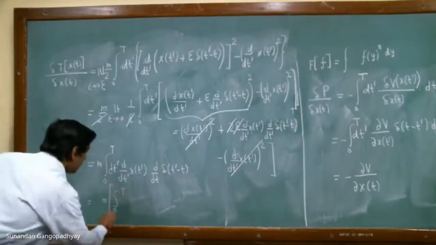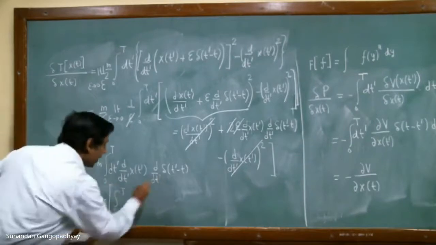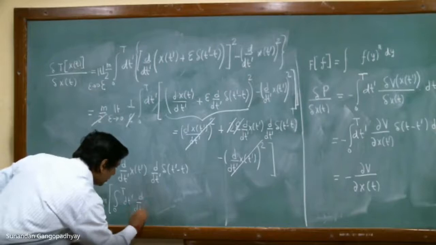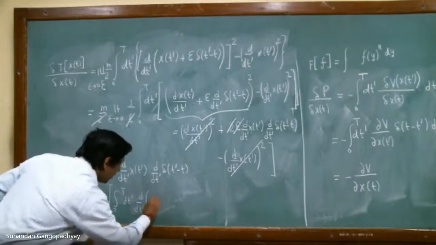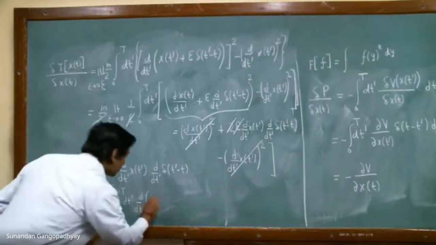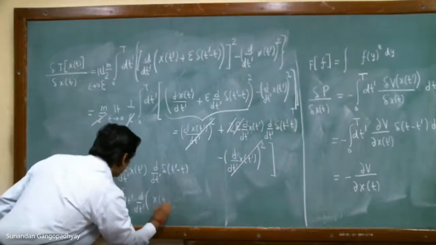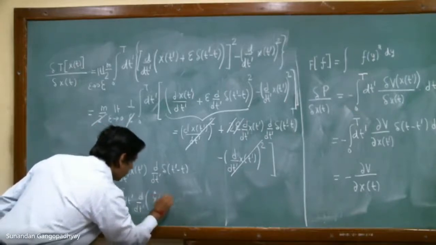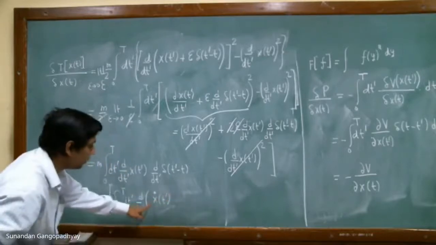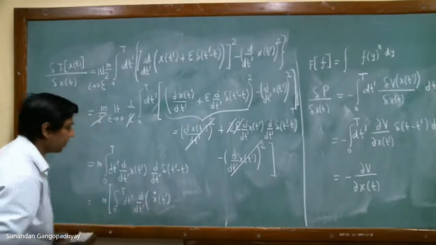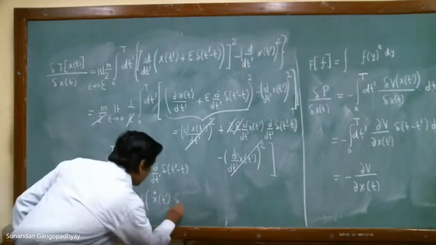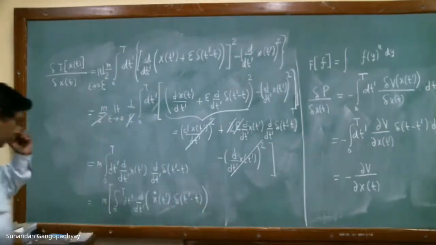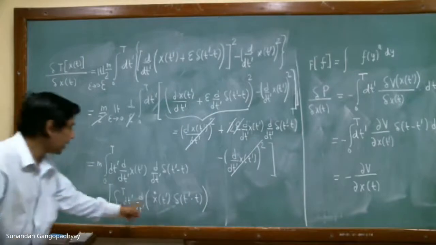I can write it down in the following way. This will be d dt prime of x dot of t prime. So this dot denotes differentiation with respect to t prime, obviously, and then you have delta(t prime minus t). So this will generate this term.